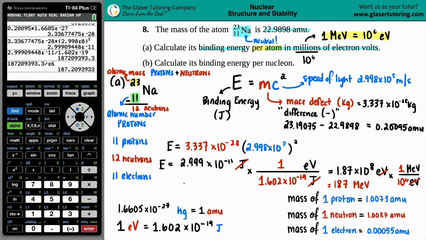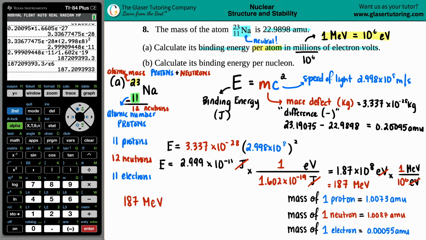So the last thing that we have to do, and I will erase these conversions, so just pause the video if you need to. We're going to take those 187 mega electron volts, and we need to divide it by, because it's per, right? Per always means division.